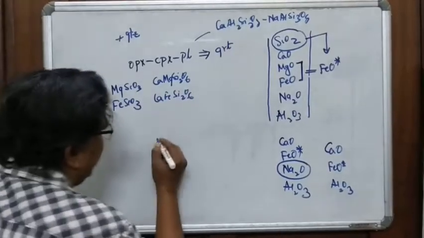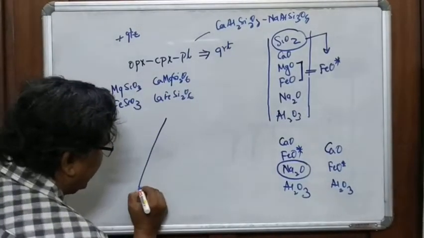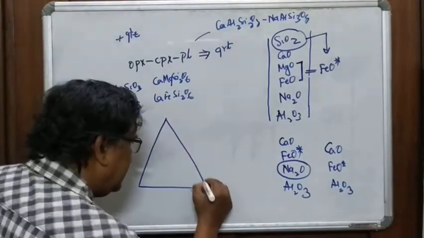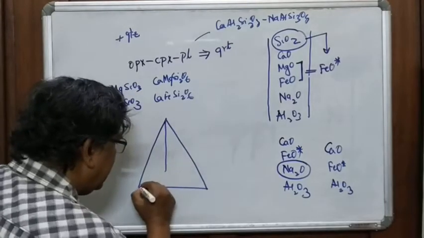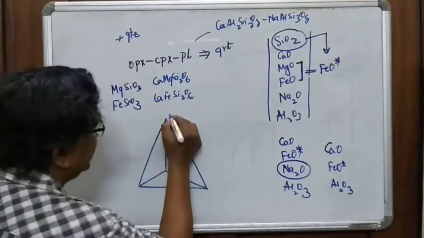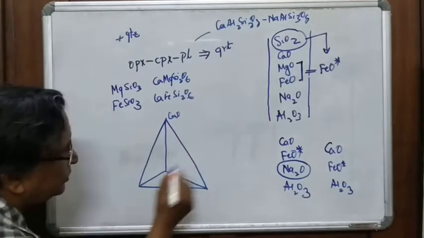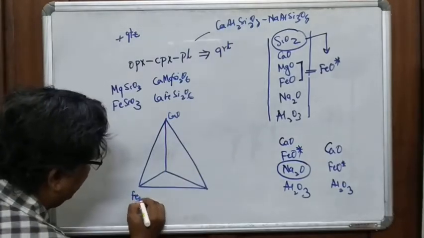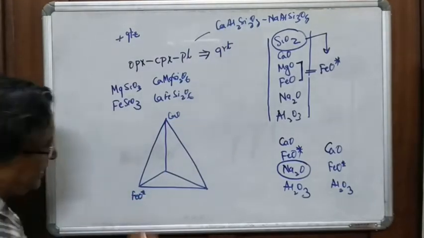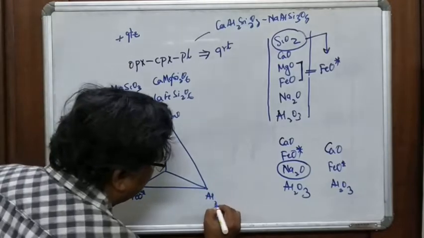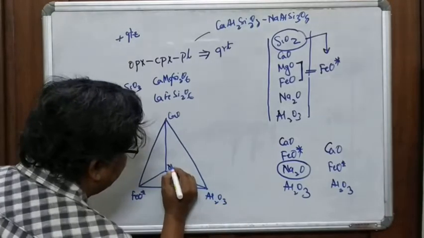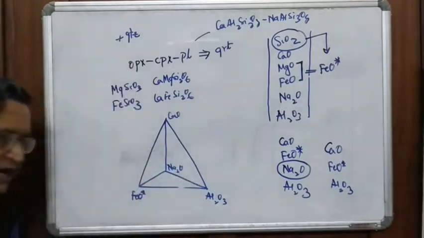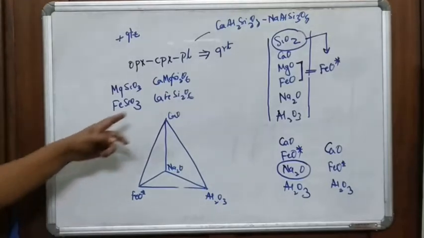I will just give you an example. Say this is CaO, this is FeO star, this is Al2O3, and this is Na2O. This is a tetrahedron.